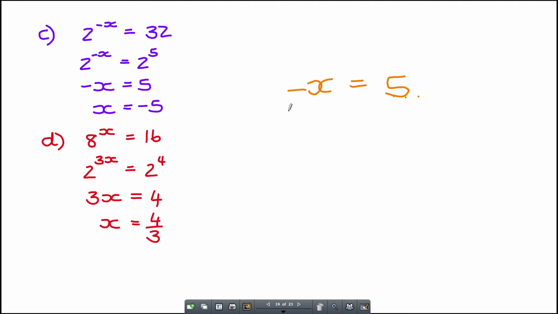So if I divide, because we divide by the coefficient, and that's actually minus 1, the minus 1 and the minus 1 will cancel out. So x equals 5 divided by minus 1, which gives me minus 5. Does it now make more sense? Yeah, I got the right way.